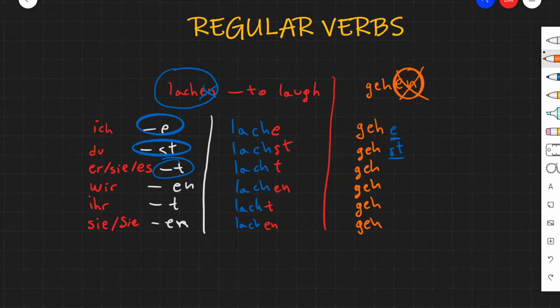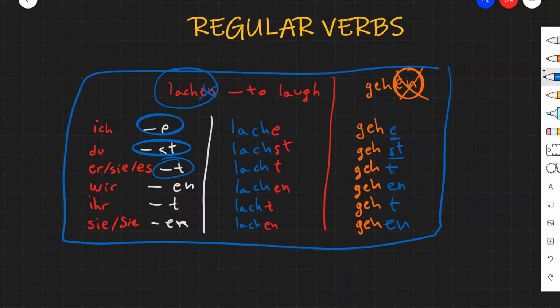Where ich gehe, du gehst, er, sie, es geht, wir gehen, ihr geht, and sie gehen, which means to walk or to go. Ich gehe, du gehst, er, sie, es geht, wir gehen, ihr geht, and sie gehen. Sehr gut.